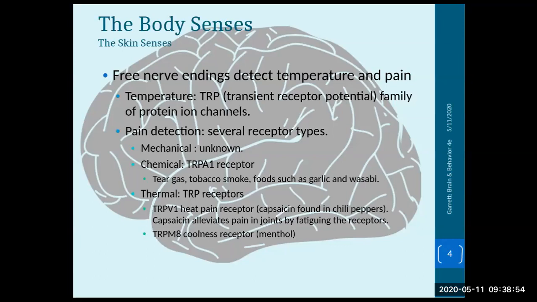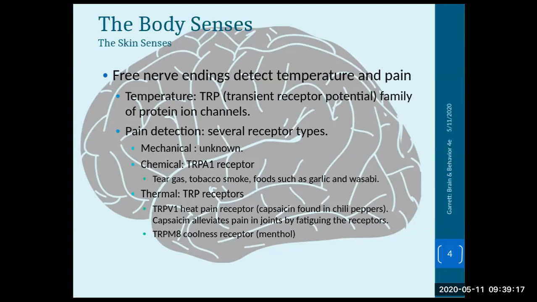We have mechanical receptors, which are really unknown as far as the channels that they open. Chemical pain, which could be from things like smoke, tear gas, and foods, actually, if you eat too much or if they get too close to your eyes, like garlic and wasabi. Now, me, I love garlic. Don't like wasabi.